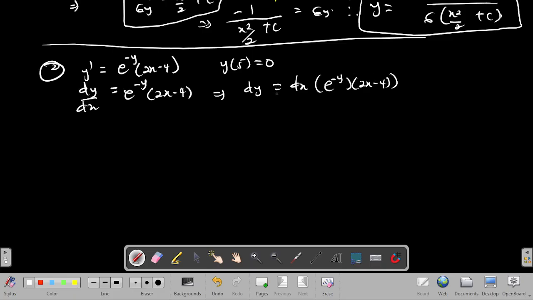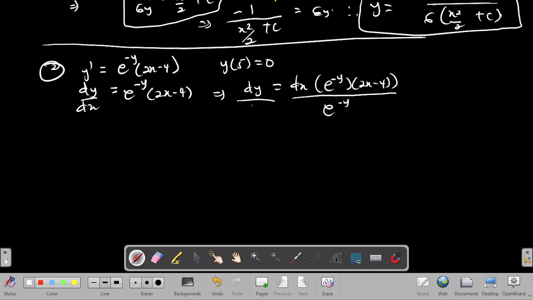Once you have this, as I said, all y's should go on one side and all x's should go on the other side. The y's should be attached to the dy and all x's should be attached to the dx. So we're going to divide this whole expression by e to the power negative y.